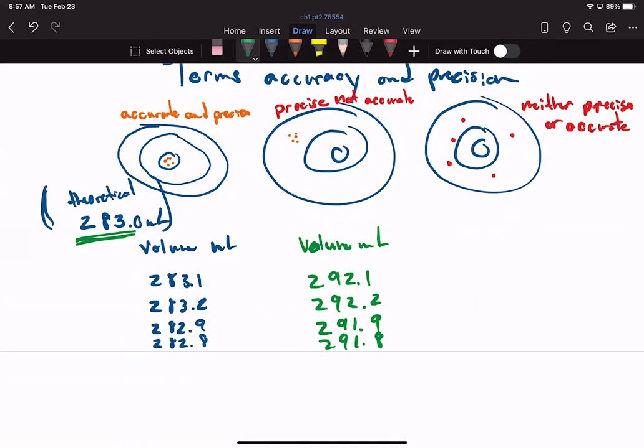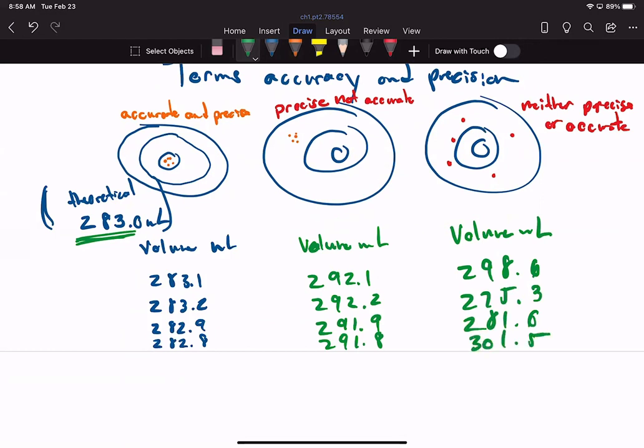So looking at these actual data here, and then something that's not accurate or precise. If I'm using some instrument and I'm at 298.6, 275.3, 281.6, 301.5, I'm not accurate or precise.